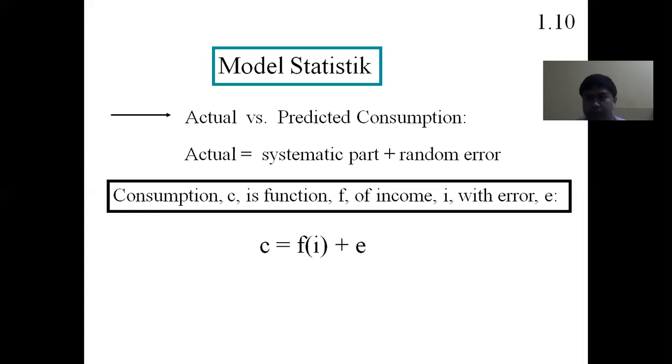But we don't have the data, so we just have the consumption data and the income data. What should we do? We can create a model with an error term. With an error term, we can isolate the unobserved variables, so we don't have to worry about testing or estimating our models.